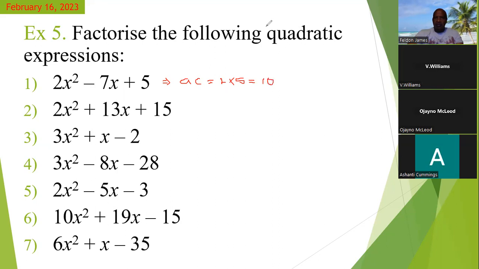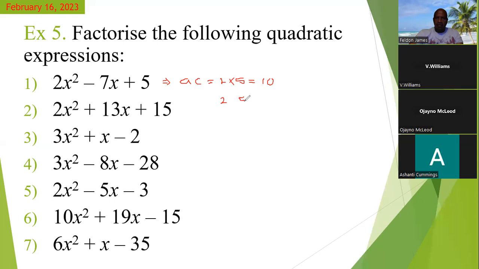So how does that help us now? You're going to find the factors of 10. The factors of 10 are going to be 2 and 5.